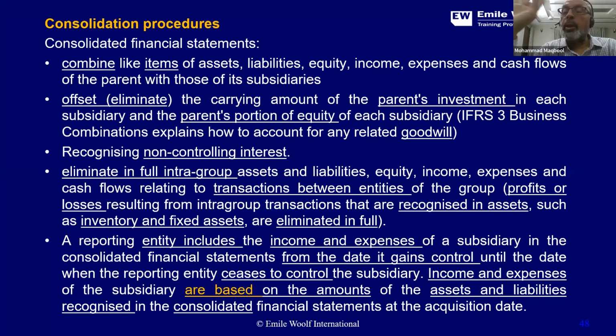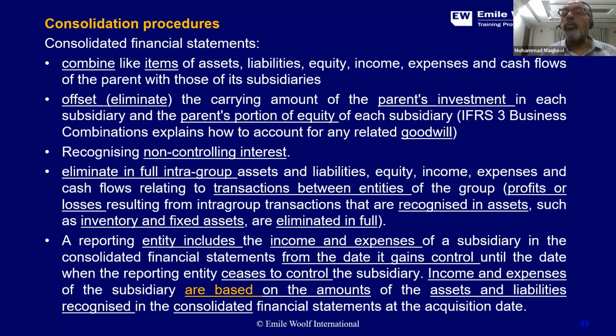Eliminate in full intragroup assets and liabilities, payables, receivables. As I said, when you consolidate, you have to do that. Wherever there are transactions between the entities, those transactions are netted off, excluded. When we don't consolidate, we don't exclude them. Similarly, there could be unrealized profit on certain transactions which are still in hand. That also has to be adjusted.